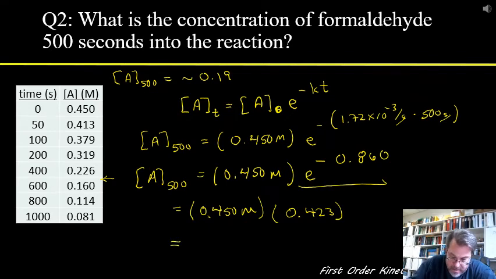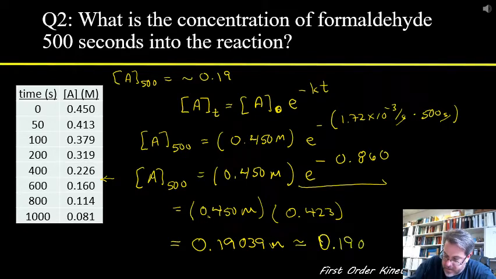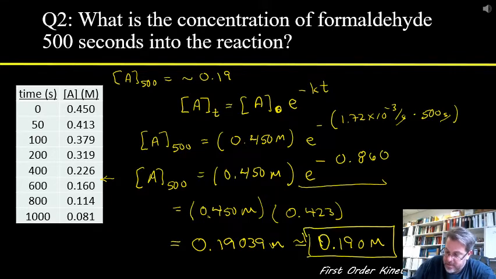Get, well, that was a good guess I had. 0.19039 molar, which, since we've got all of our data in 3 sig figs, is 0.190 molar. And note, that's just about what we guessed before.